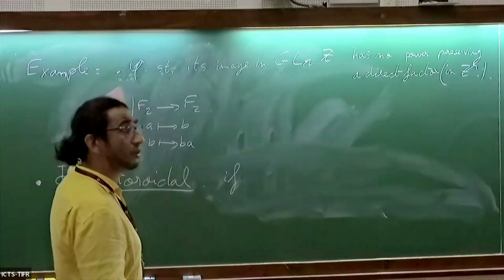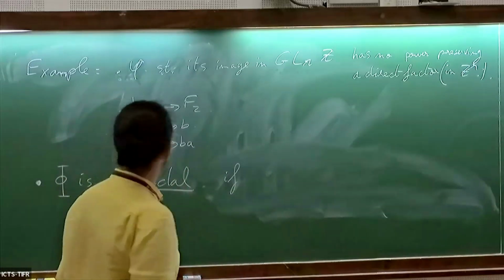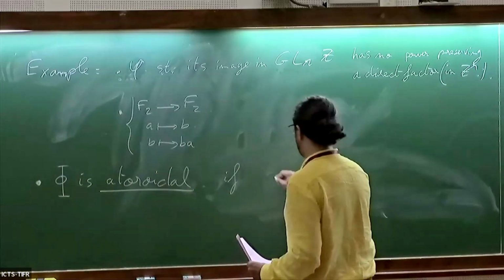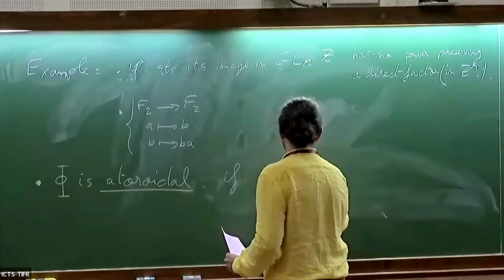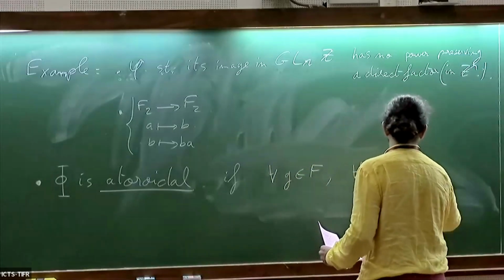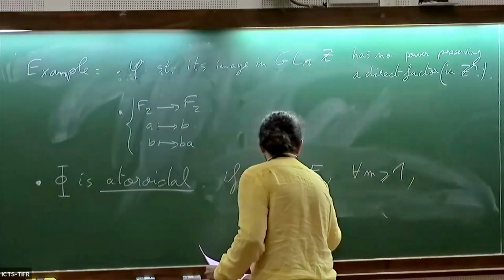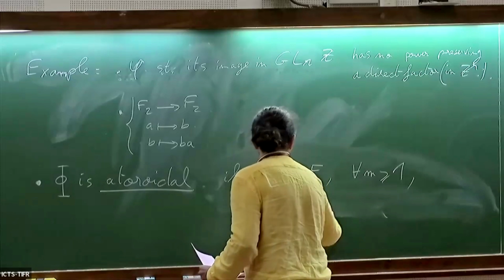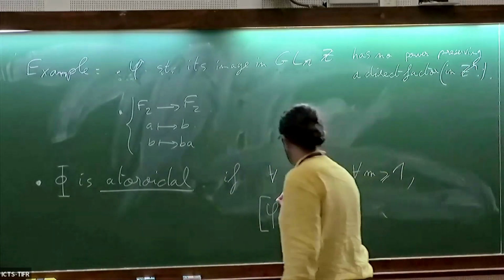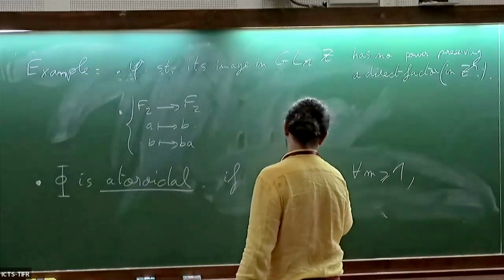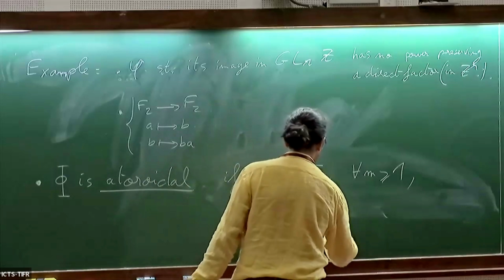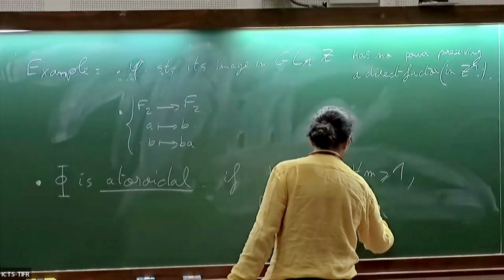So perhaps I should have put this property first because it's in principle more elementary. So if for all g in F, for all m larger than 1, the conjugacy class of phi^m(g) is not that of g.